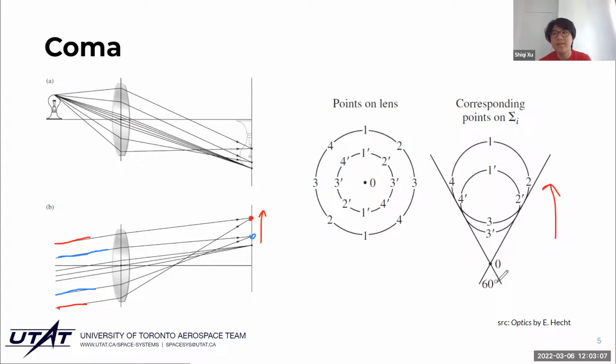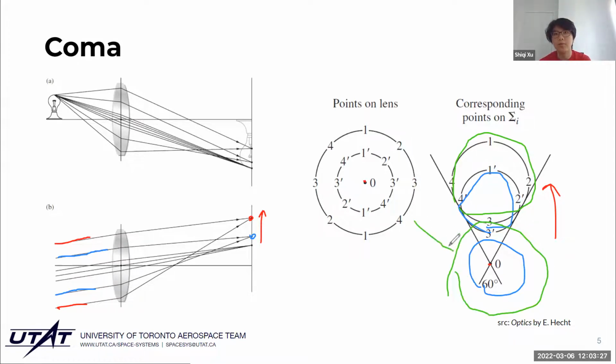So ideally, since this is our zero, this circle here will go here, and this circle here would go here. So that would be our ideal 1-to-1 mapping. But instead we're drifting. So that's the coma.